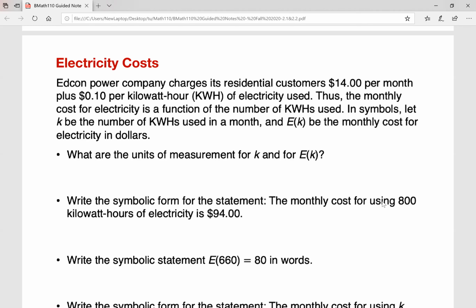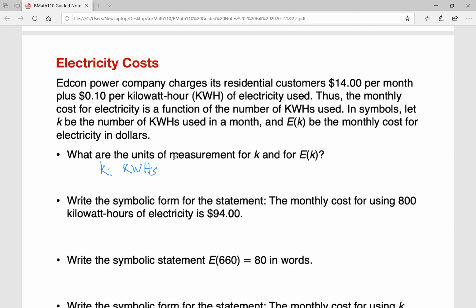Okay, so they did the notation first. So the question is, what are the units of measurement for K and for E(K)? For K, K here is the number of kilowatts used in a month, right?